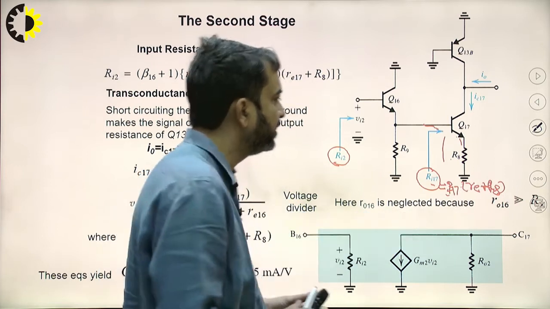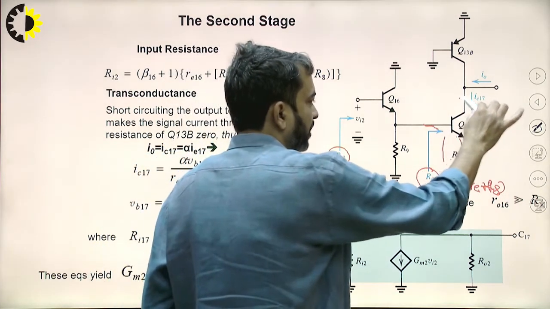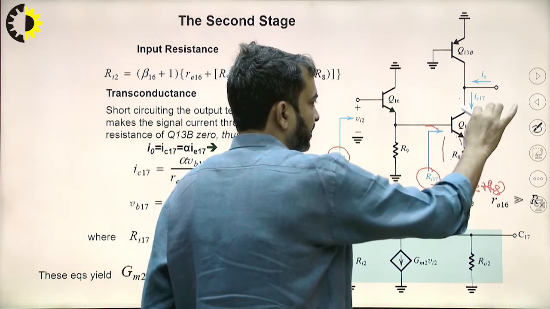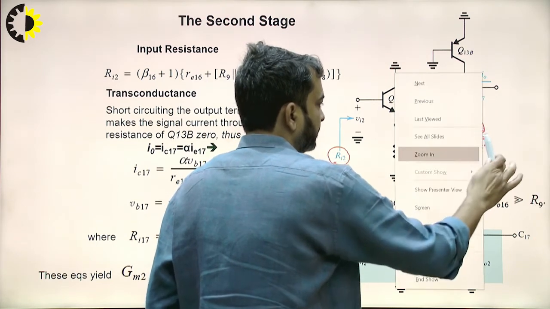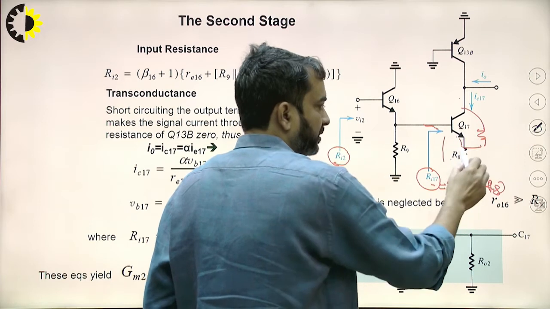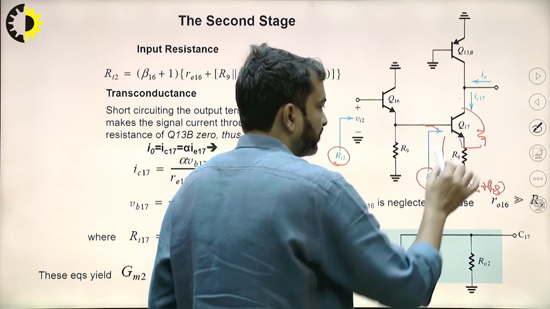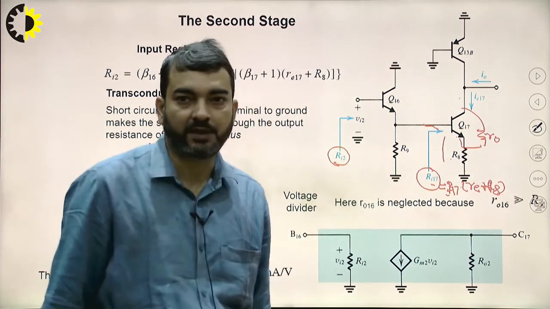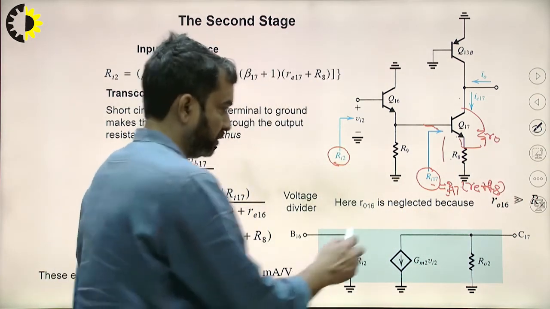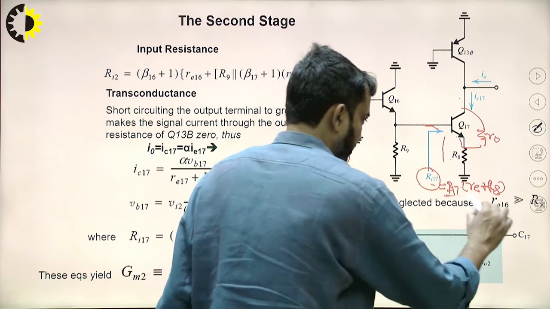Here we have ignored the resistance R0 of transistor Q17, which is connected between the collector and emitter of this transistor, because it has a very high value. So Ri17 is this much.